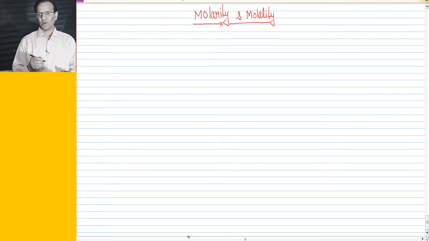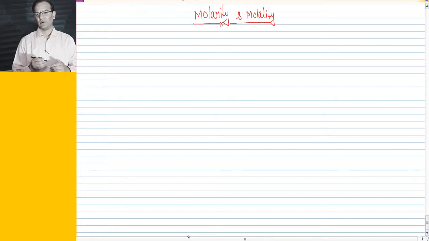These two are the very important concentration units which we learn in mole concept, the first chapter of physical chemistry. But we use them throughout physical chemistry, which is about 50% of the IIT JEE syllabus. So understanding of these two is very important.